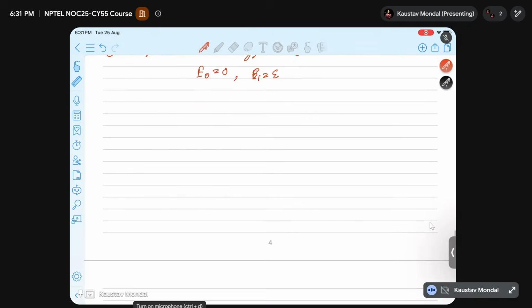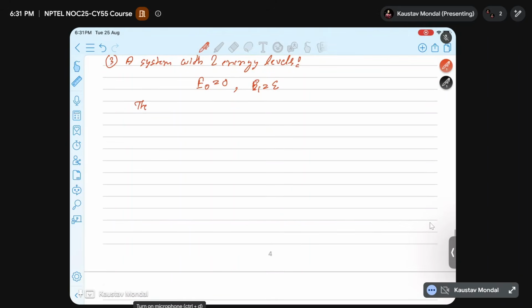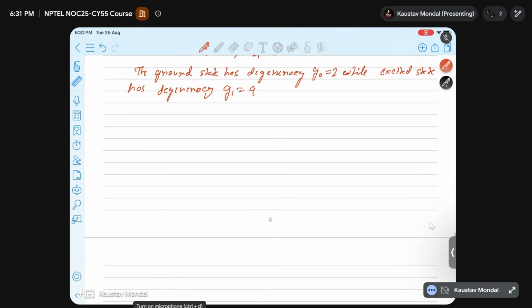The system also has degeneracy. The ground state has a degeneracy g0 equal to 2, while the excited state has degeneracy g1 equal to 4.